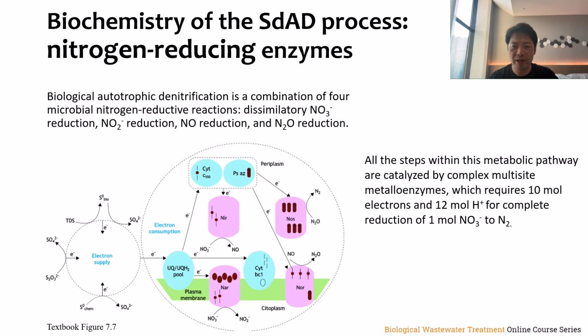And the final step involves the reduction of nitrous oxide to dinitrogen gas by a copper-containing nitrous oxide reductase, NOS.